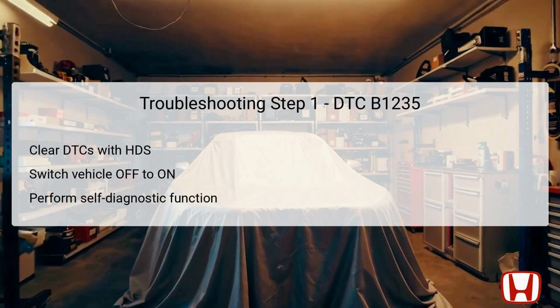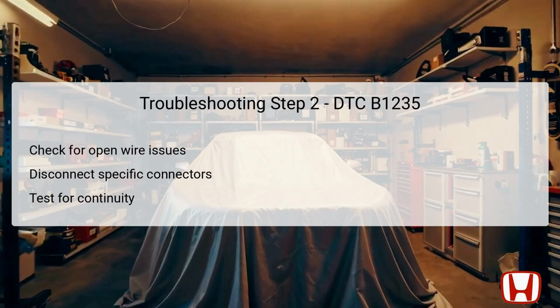This transition helps the system reinitialize and prepares it for a self-diagnostic function that can be run through the climate control unit. Following this, check for any DTCs that reappear. If DTC B1235 or 42 shows up again, this indicates that the fault is repeating, necessitating further investigation into the air mix control motor and associated circuits.